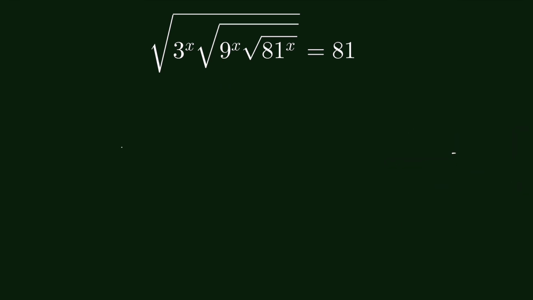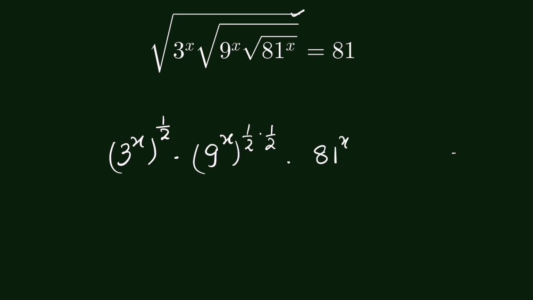So it is 3 to the power x, to the power 1 upon 2, then times 9 to the power x, then whole to the power 1 upon 2 times 1 upon 2, then times 81 to the power x, then whole to the power 1 upon 2, times 1 upon 2, times 1 upon 2, because there are 3 square roots, is equal to 81.